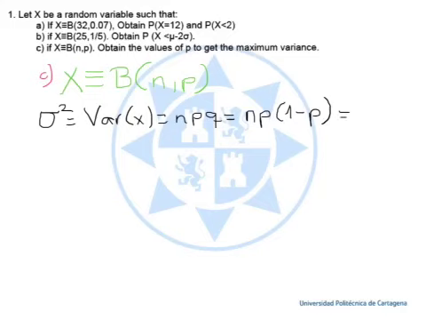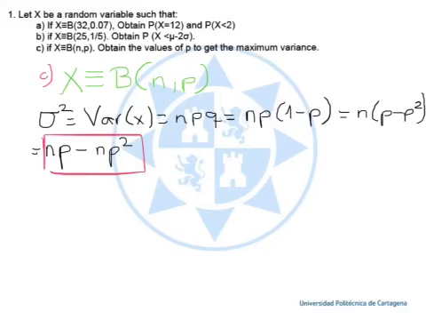Following again the calculus, we get n times p minus p squared. So again, following the algebra, we get n times p minus n times p squared. So this is the expression we have to maximize.